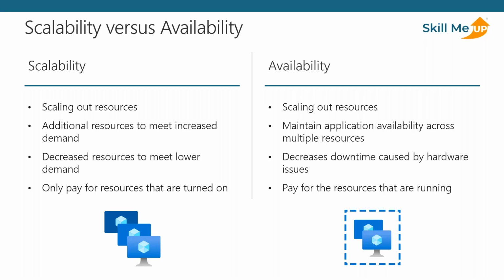But if you have to build your application in an infrastructure as a service type environment, you need to take scalability and availability into account. Or if the platform service doesn't meet your needs and you need to build virtual machines, you can do that within the services we're going to discuss in a moment. And those two services in that concept are virtual machine scale sets and virtual machine availability sets.